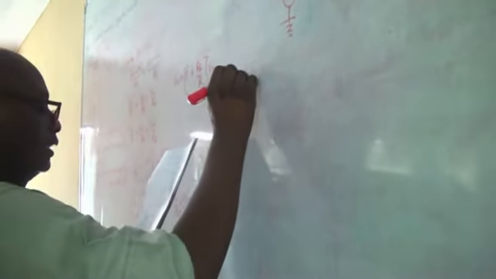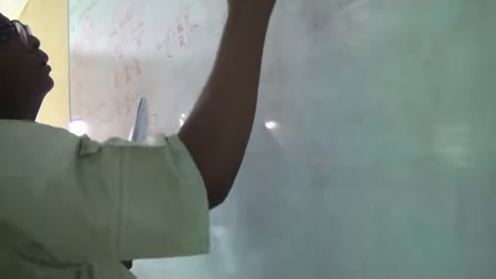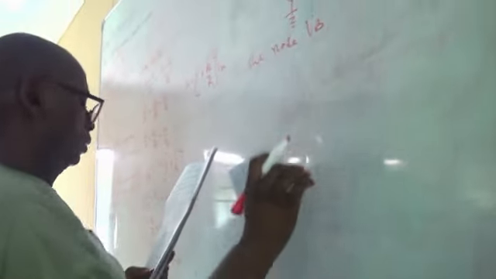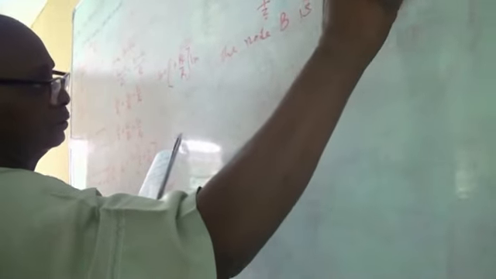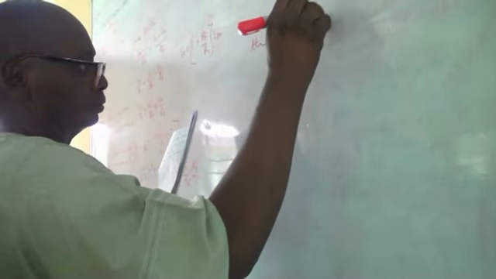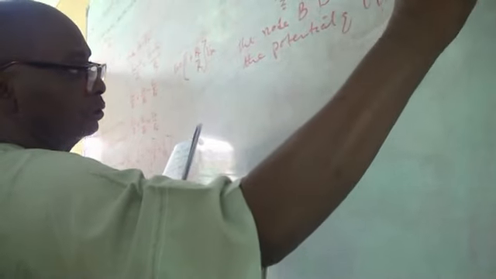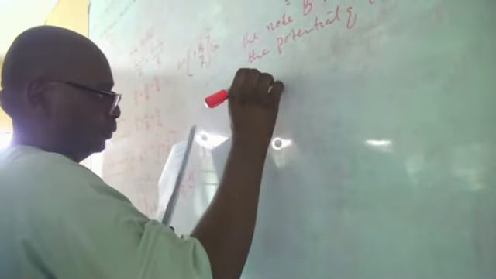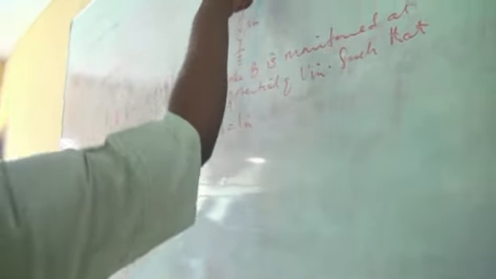The node B is maintained at the potential of VB, such that VB equals to V in. That is, what is here is what is flowing into VB. Yes. So it is the same.